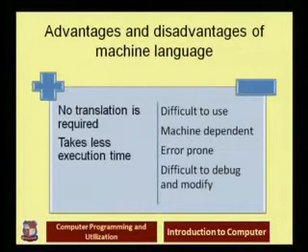Now the next disadvantage of machine language is that it is difficult to debug and modify. As we have discussed, in binary language we write the instructions in zeros and ones.